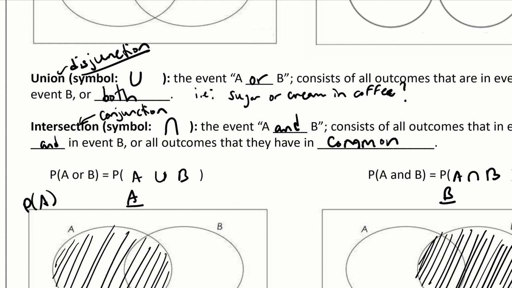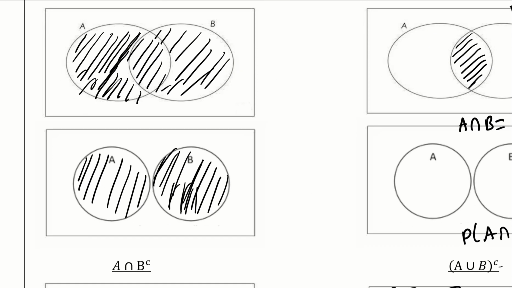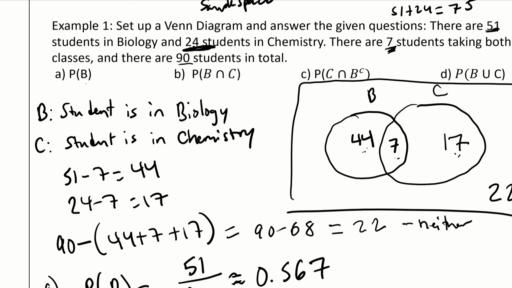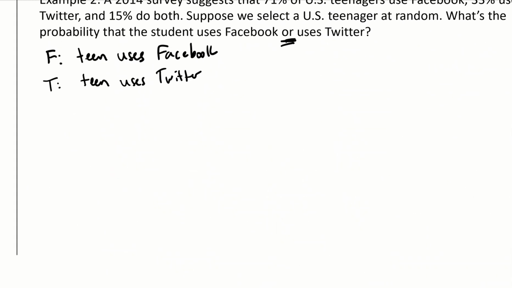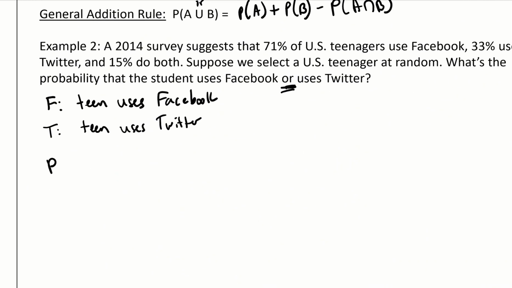So sometimes we could refer to A or B as A disjoin B, the disjunction of A and B. Or you can say, if you're doing A and B, A conjoin B, like A and B, the conjunction of the two. So sometimes you'll see me refer to that. So here we're doing the disjunction of the two. So we're doing a disjunction or the union.